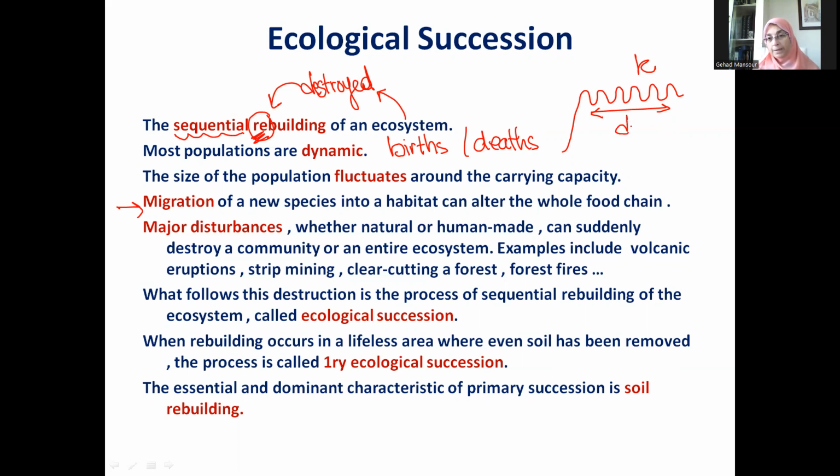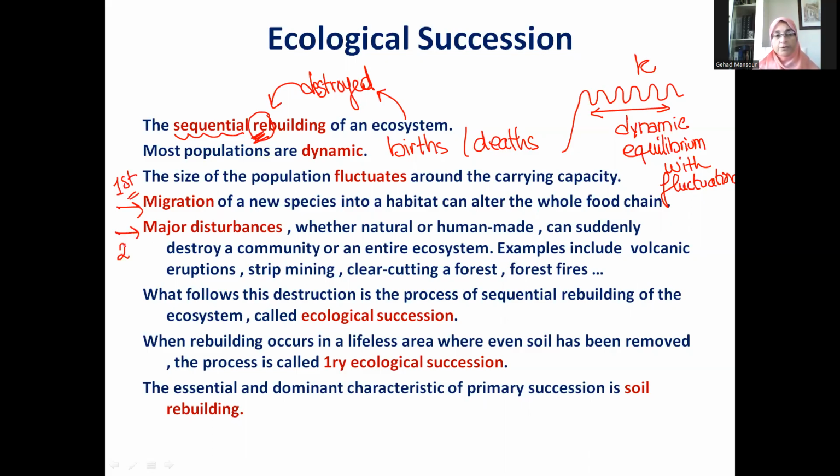So this carrying capacity is a state of dynamic equilibrium, but it is a state of dynamic equilibrium with ups and downs, or with fluctuations around the mean value. So first of all, this is one of the factors that might disturb the ecosystem.